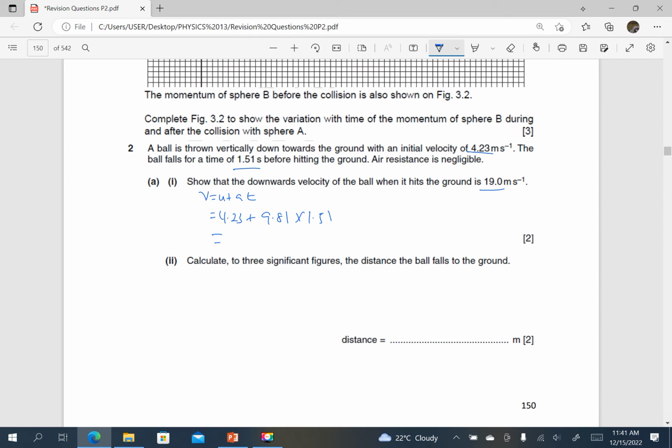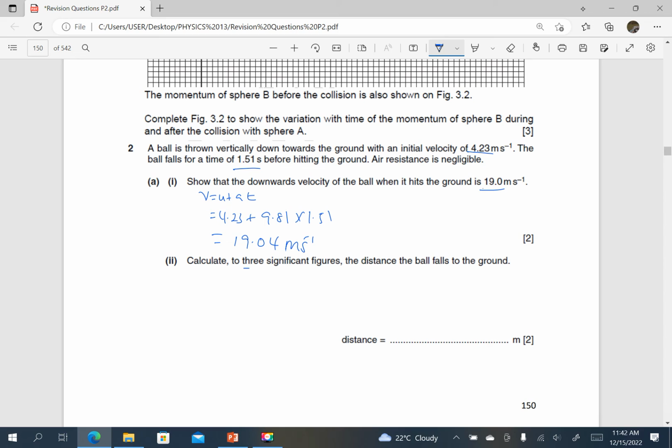So that one, you just press your calculator. And this is 19.04 meters per second, which is approximately 19.